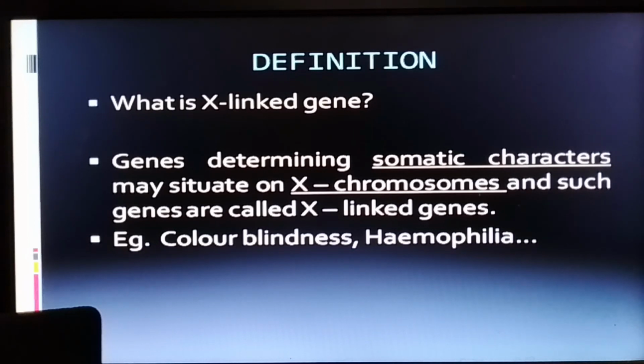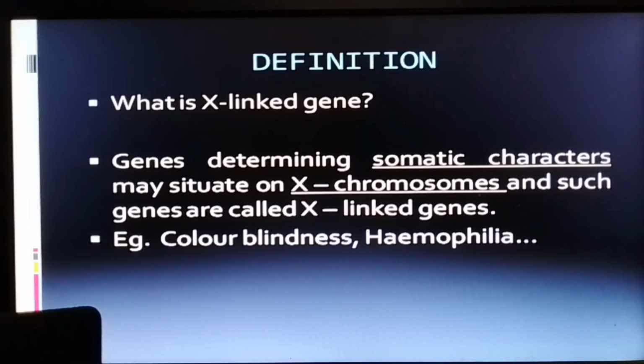I want you to have a slight margin between pure somatic characters and general somatic characters, because there are many more somatic characters which may define male and female in a different way.